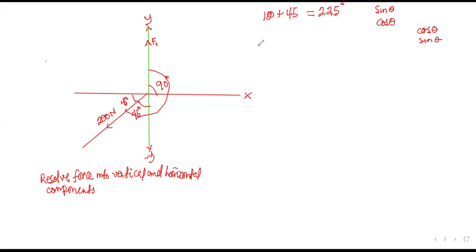So my first approach is to use the whole angle it makes with the north axis, or the positive y-axis. The x component must be 200 sine of 225, and the y component is 200 times cos of 225.